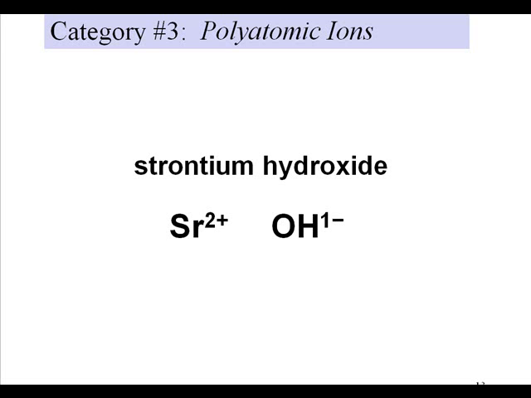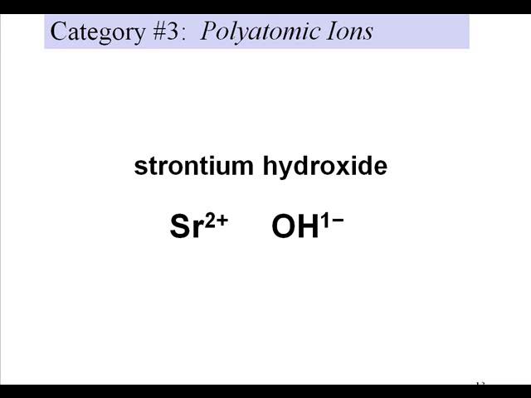Sometimes oxygen can be a -2, hydrogen can be a +1. That's true. But in this given instance, the oxygen is covalently bonded to the hydrogen, and therefore the OH is a working molecule. Now, along the way, the hydroxide picks up an extra electron. So the OH molecule itself is a -1.